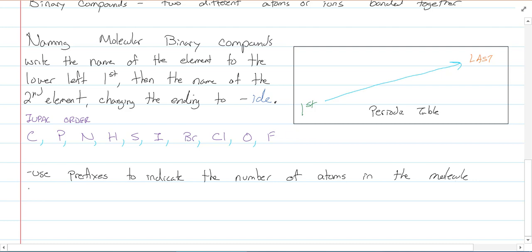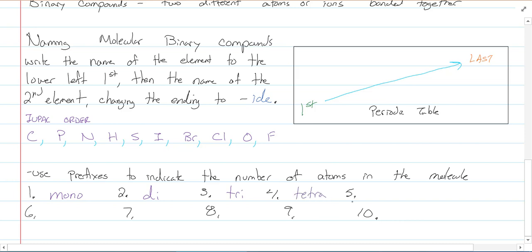And so a lot of us know some of these prefixes. 1, 2, 3, 4, 5, 6, 7, 8, 9, 10. So a lot of these we know. Mono, di, tri, tetra, penta. I'm sorry, not penta, penta's 5.